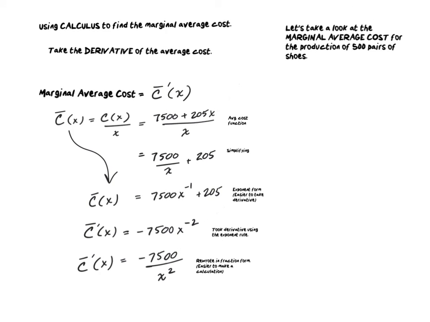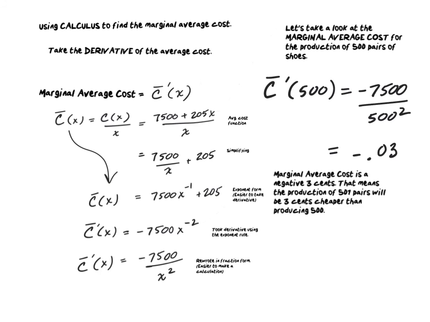So what if I were trying to find the marginal average cost for the production of 500 pairs of shoes? All I need to do is enter 500 into my derivative function. And when I divide it, what I would get is roughly negative 3 cents.